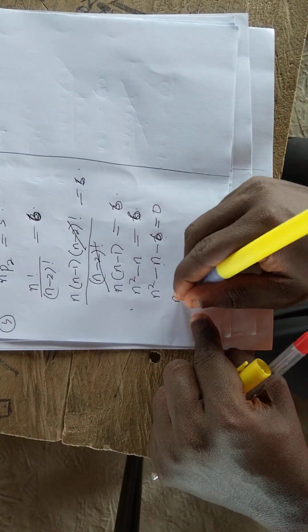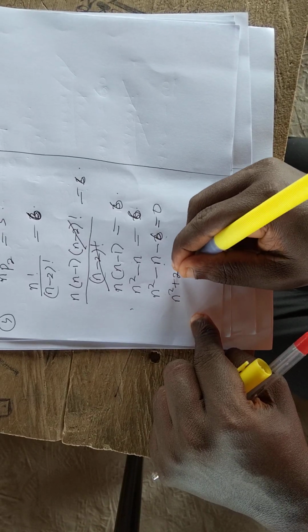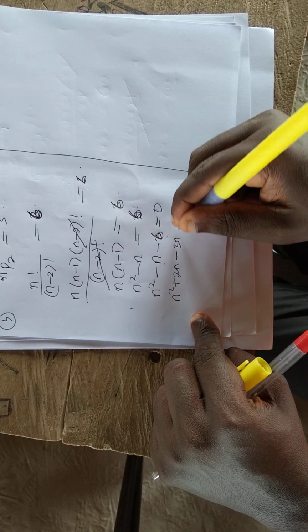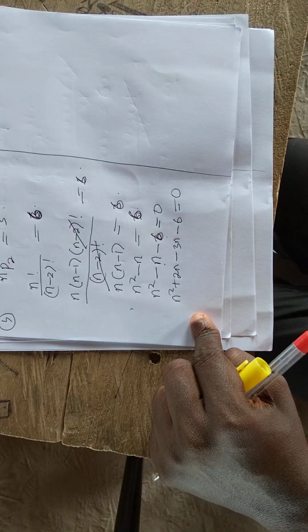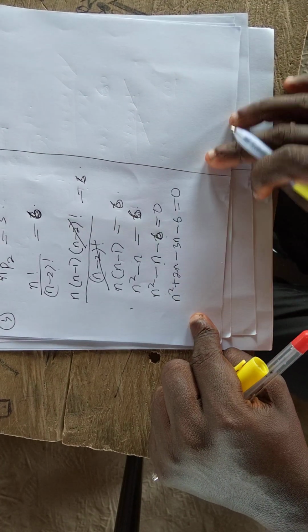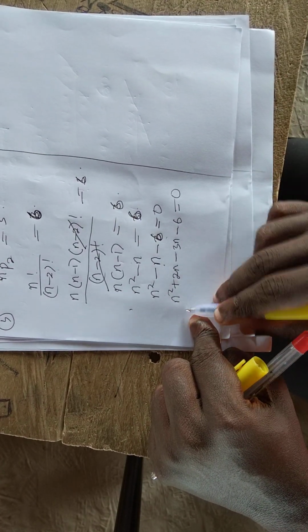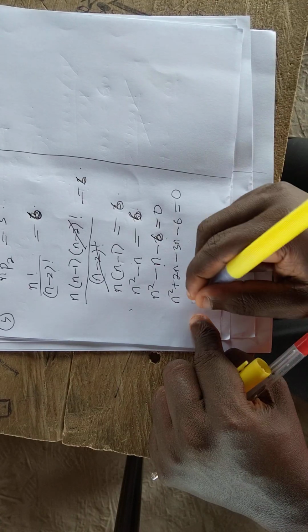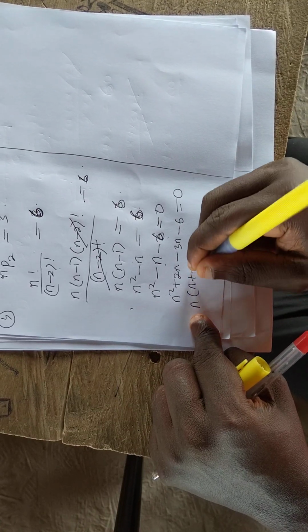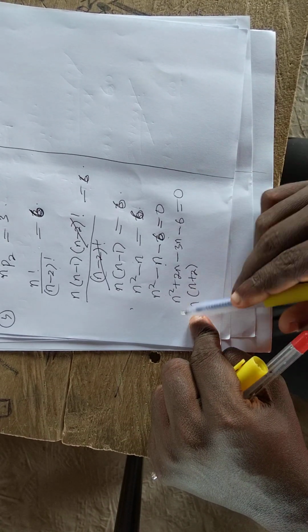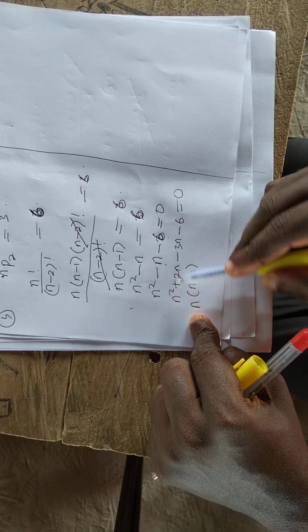So here will become n squared plus 2n minus 3n minus 6 equals 0. So we are going to factorize, taking the first 2 into their brackets. So here it becomes n into n plus 2. N is common for n squared and 2n.